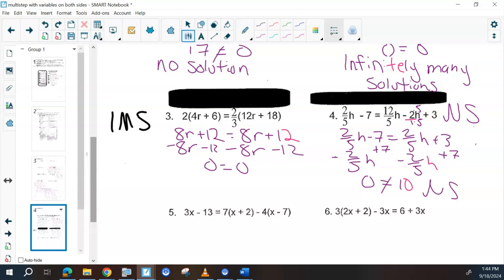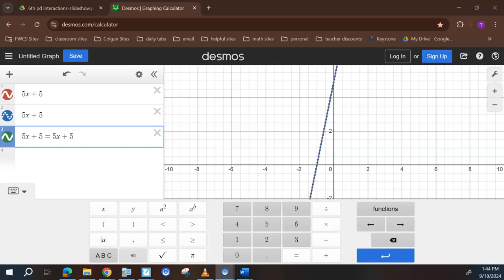Okay. We'll hold off on doing one of the last problems on the last page till next class, but I did want to show you how to check this in Desmos really quickly. I just made up a problem.